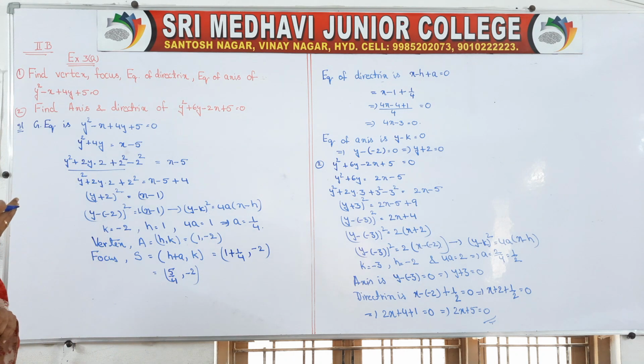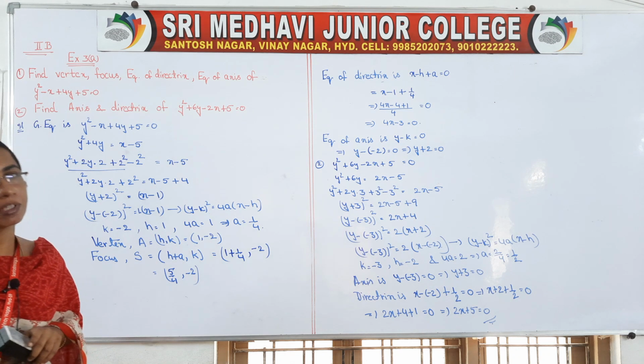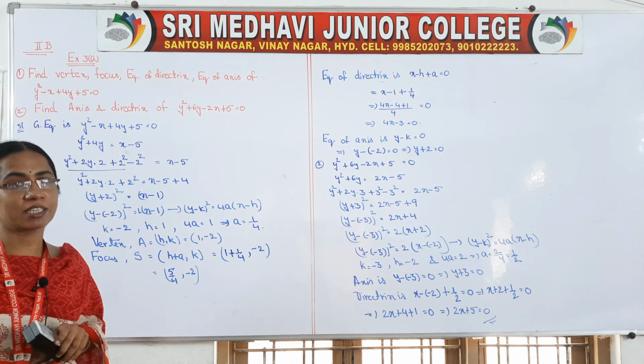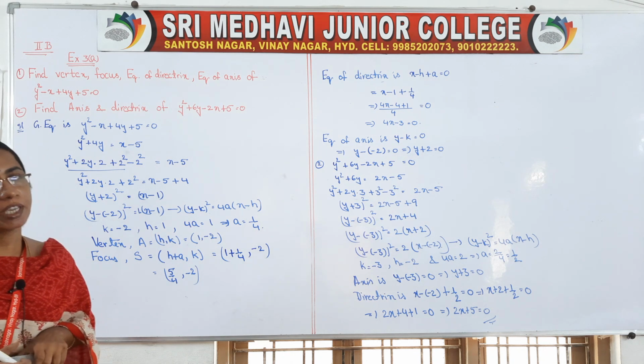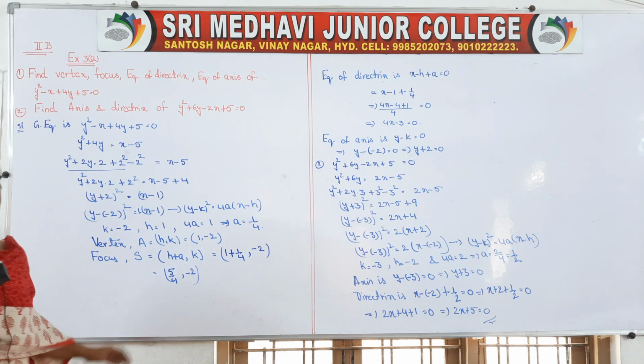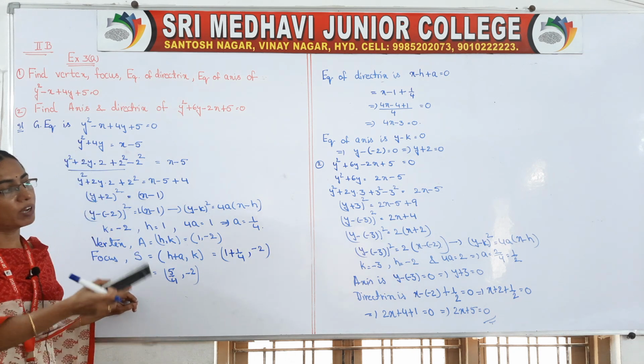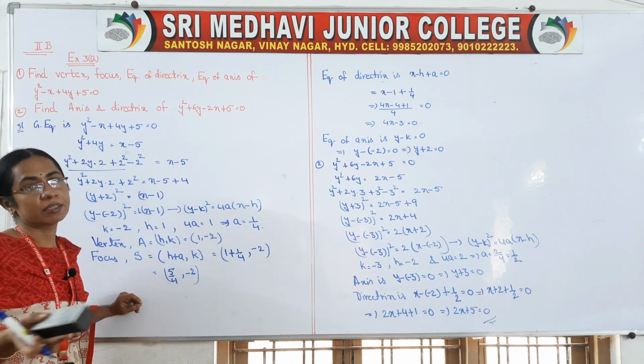Just by seeing that, apply your common sense. If y square and y are there, we can write the y minus something whole square form. If x square and x are there, we can write the x minus h whole square form. So don't do it blindly. Observe the problem and take one form of the 8 forms.